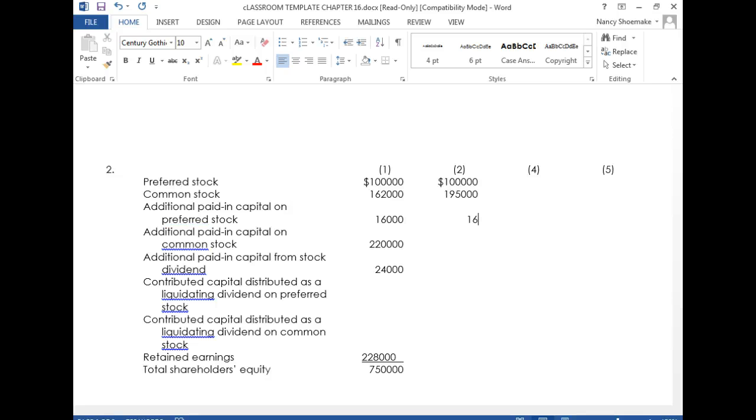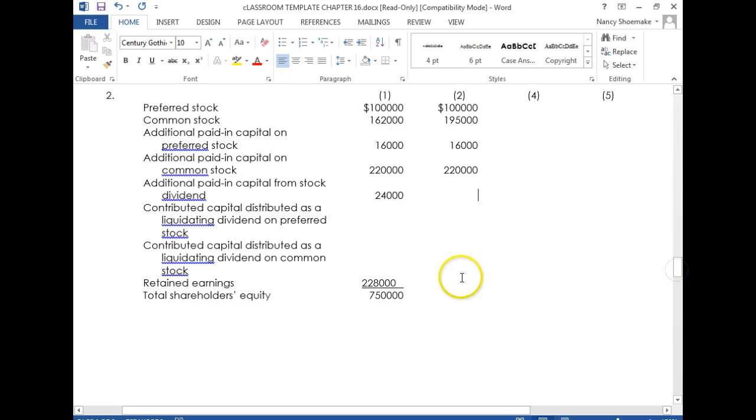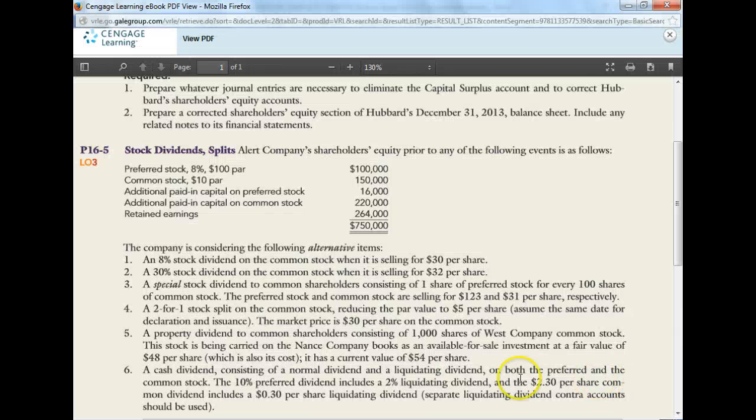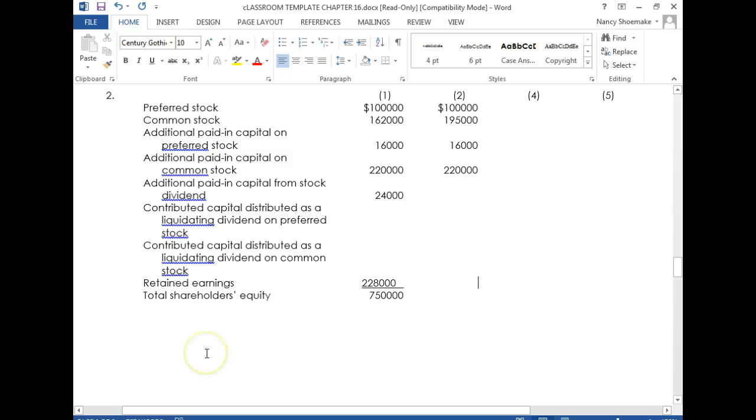Our preferred paid-in capital didn't change. Our additional paid-in capital on common stock didn't change. But what happened to our retained earnings? It started at 264. Didn't the 45,000 all come right out of retained earnings?